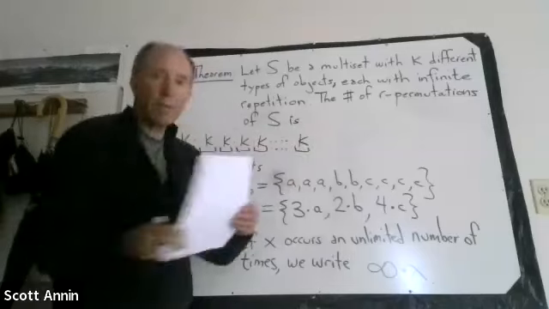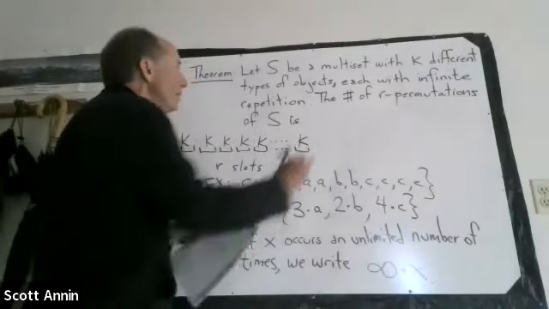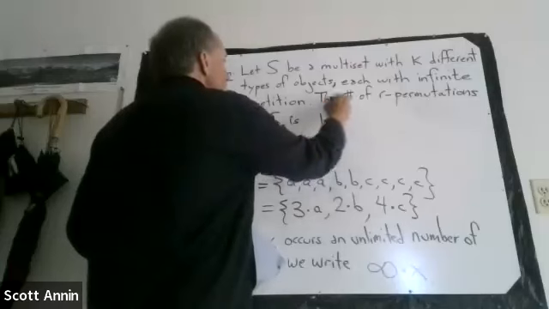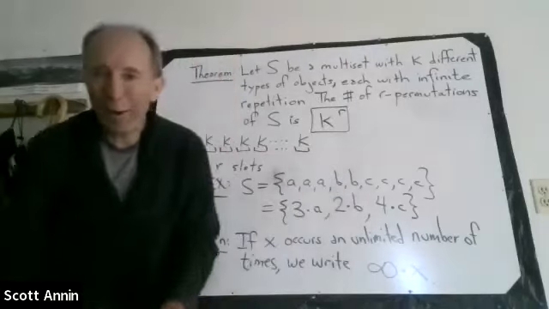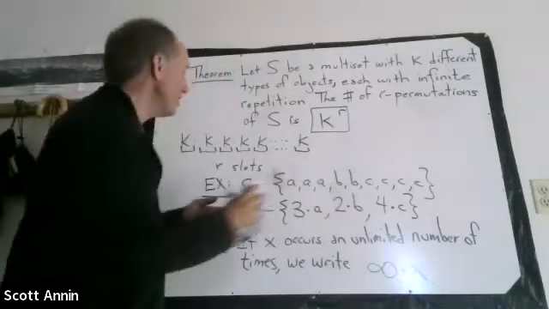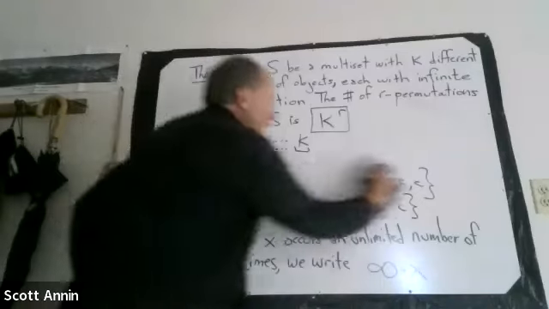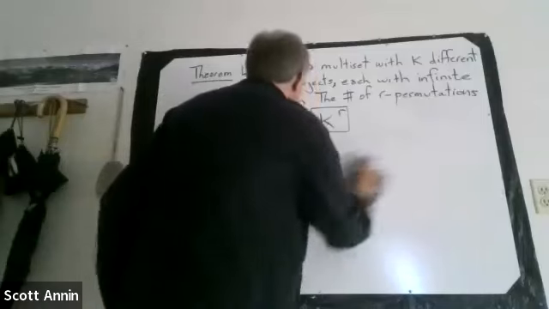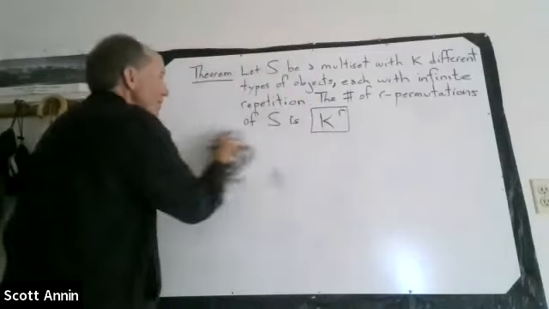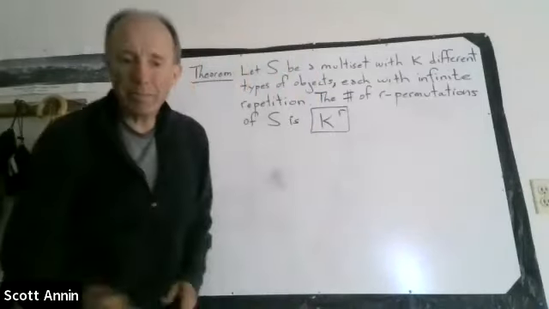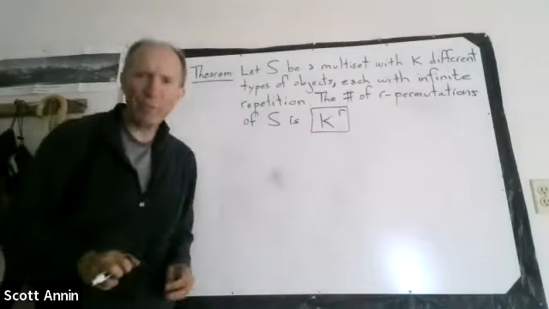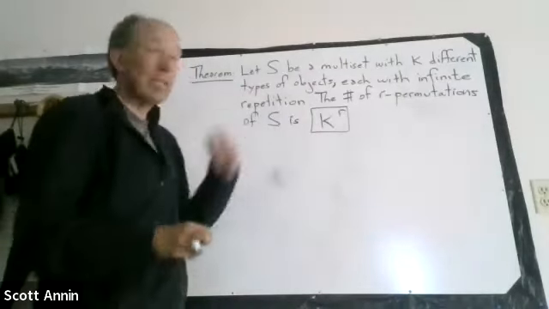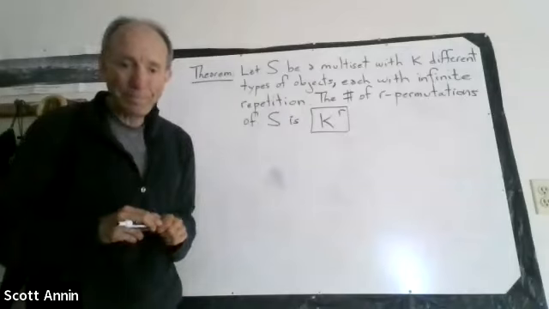So instead of seeing a factorial on this one, what we're going to see is just K raised to the R power. It's just that simple, right? K times K times K times K. It's just a bunch of Ks multiplied together. So that's basically the theorem. It doesn't really need much of a proof. It's kind of just common sense using the multiplication principle.